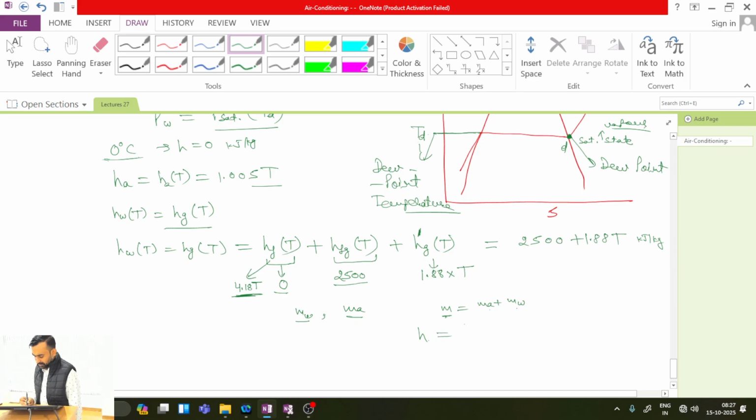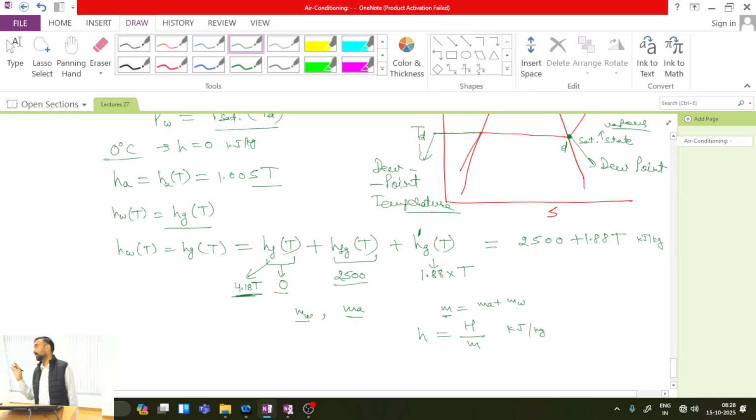If I have to define a specific property for moist air, for example the enthalpy of moist air, it must be equal to capital H, the total enthalpy, divided by the mass of moist air. Total H will be in kilojoule, an extensive property, per unit mass in kilogram.